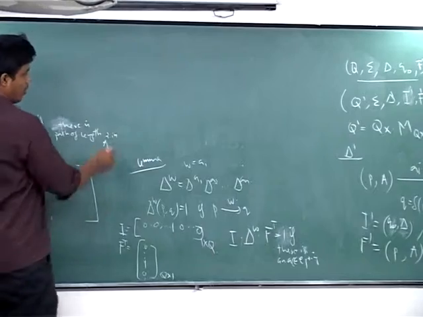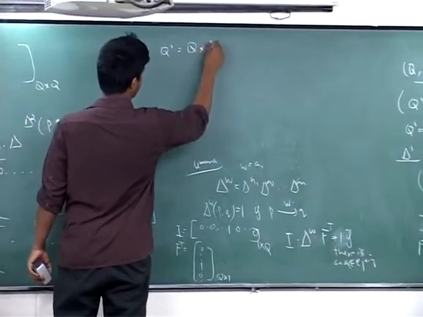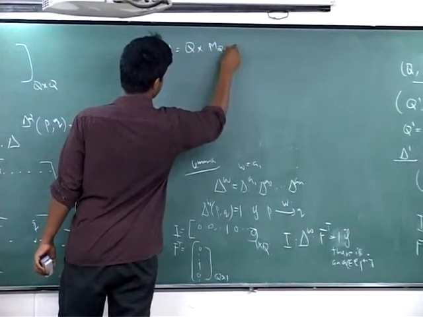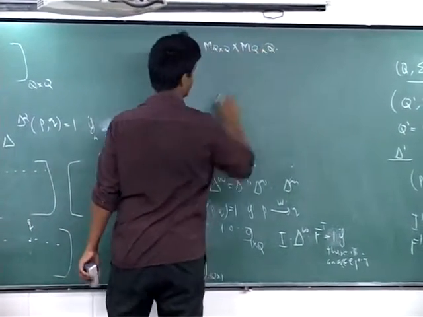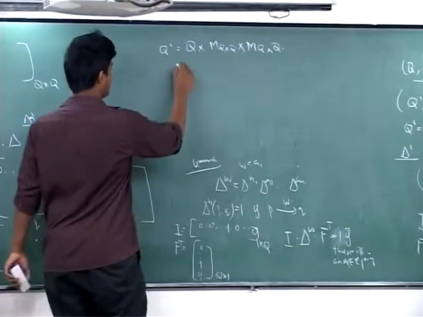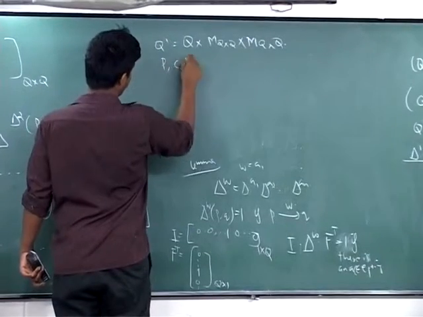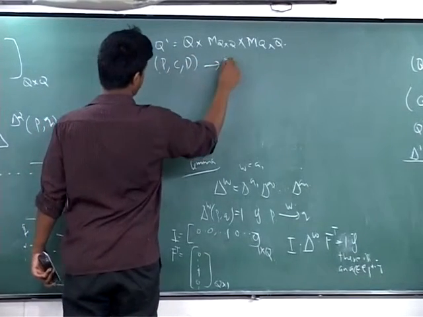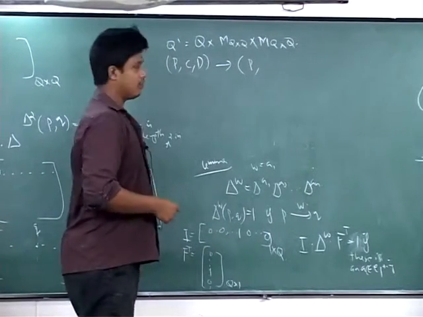So for Fibonacci, I'll say Q times M_QQ times M_QQ. And the set of states will be, and P comma C comma D will go to P comma D comma.